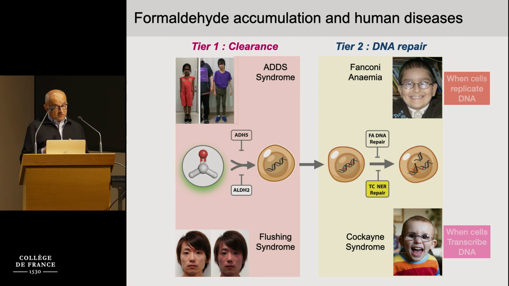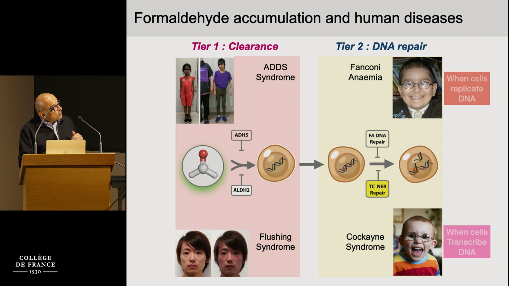Now, I'm summarizing a lot of work from my lab over the last 12 years. And what we've done is really postulate the concept of two-tier protection against formaldehyde and acetaldehyde. And it's probably formaldehyde that's the main aldehyde. Tier 1 protection is the removal of formaldehyde. And I already told you about the flushing mutation, and I will allude to this unusual genetic disease later on in my talk.